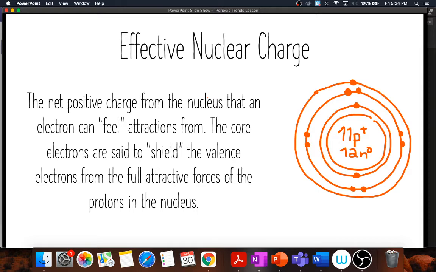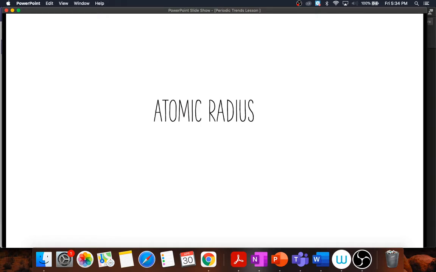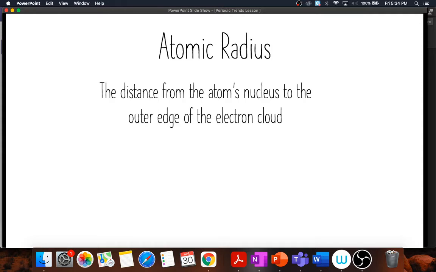So because of this, we can explain some of the trends that we see in the atomic radius for a periodic table. So let's take a look at what atomic radius is. If you remember from math class, radius talks about the distance from the center to the very edge of a circle, right? And if you think of an atom as a circle, it's the same thing.